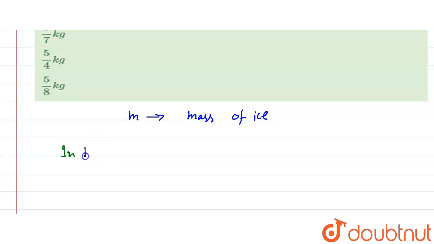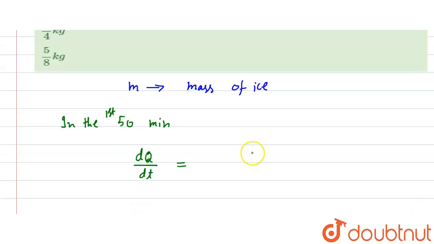So in the first 50 minutes, the rate of heat given by the burner is constant. So we can write dQ upon dt is equal to mL upon t, where t is the time, m is the mass, and L is the latent heat.